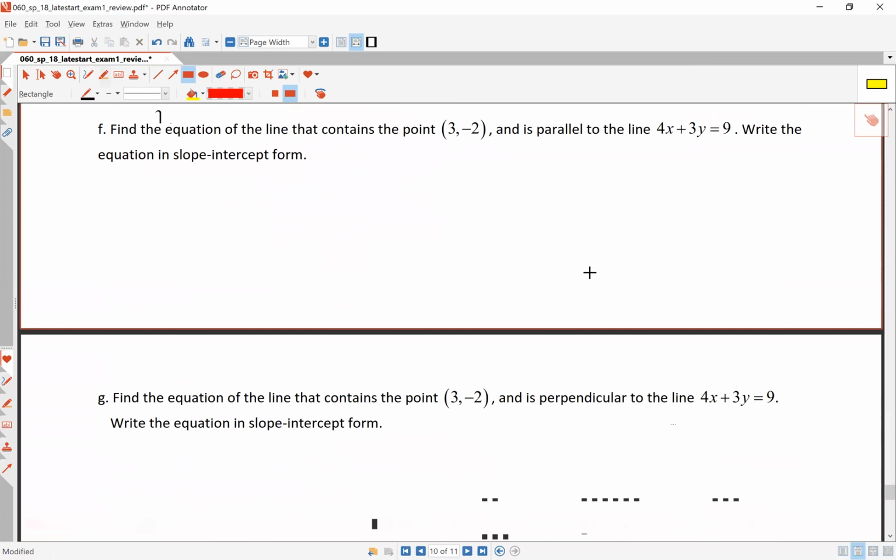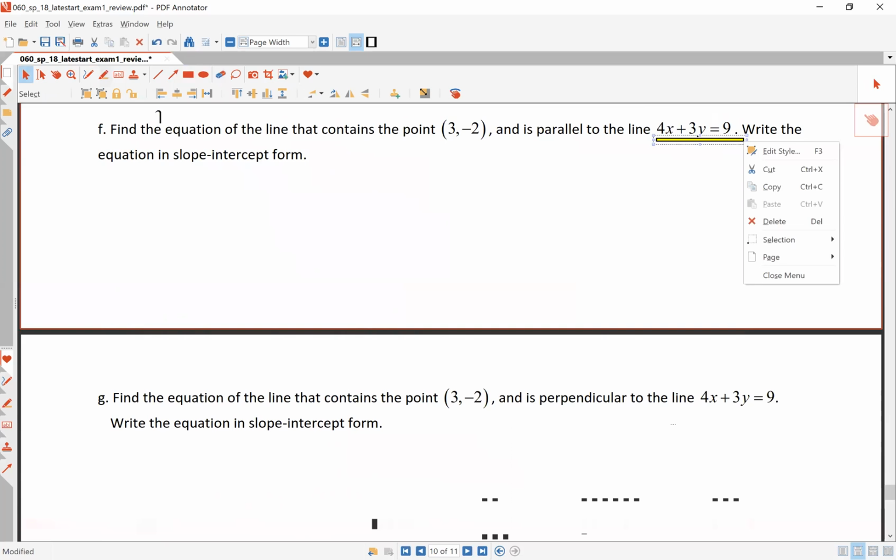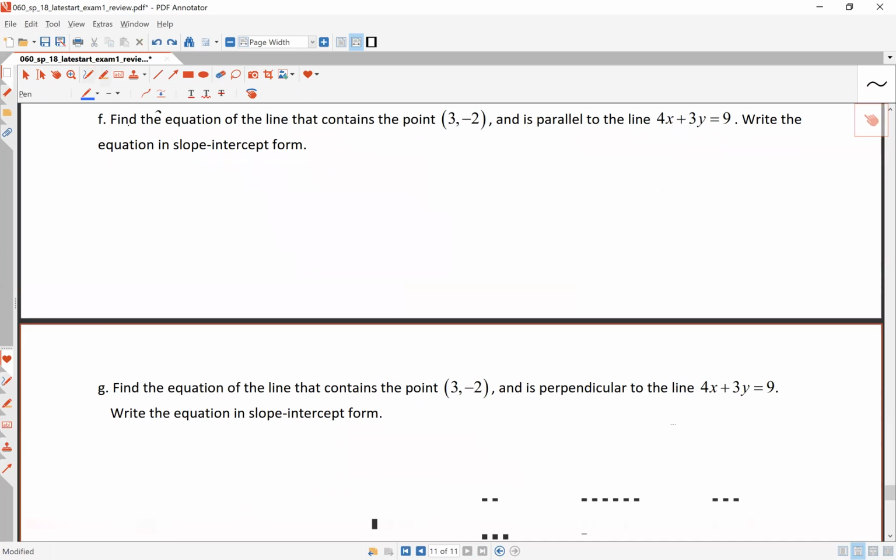If we want to find the equation of a line parallel to this line, we have a point, 3, negative 2.